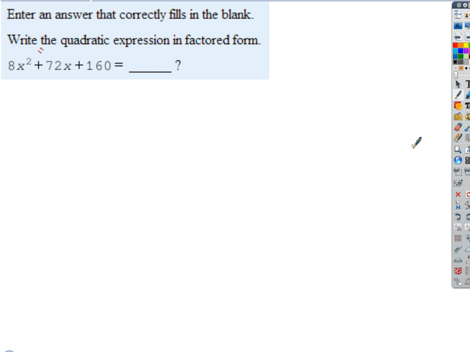Now, I'm not going to do it that way because there's a lot of work that way. But look what that entails. A times C is big, right? A times C is what, 1280? If we want to find numbers that multiply to 1280 and add to 72, first of all, that's kind of hard to do.